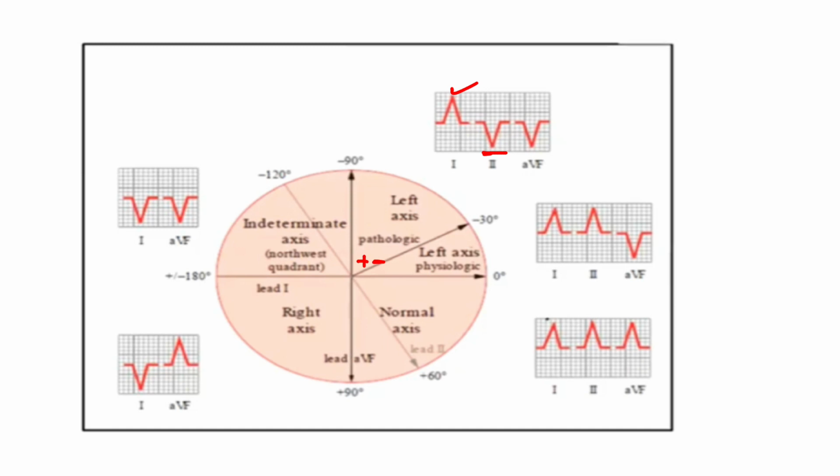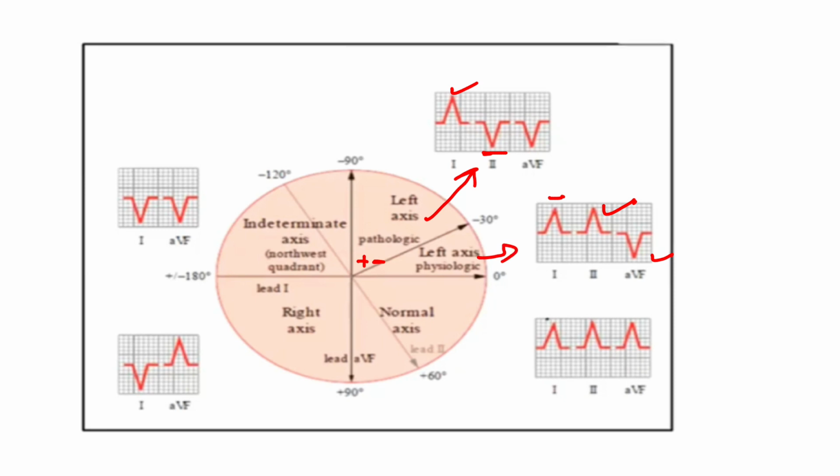If lead 2 is negative, then it is a pathological left axis deviation. Now in this case, lead 1 is positive, AVF is negative, this is left axis deviation. We see lead 2 is positive, then we call it a physiological left axis deviation.